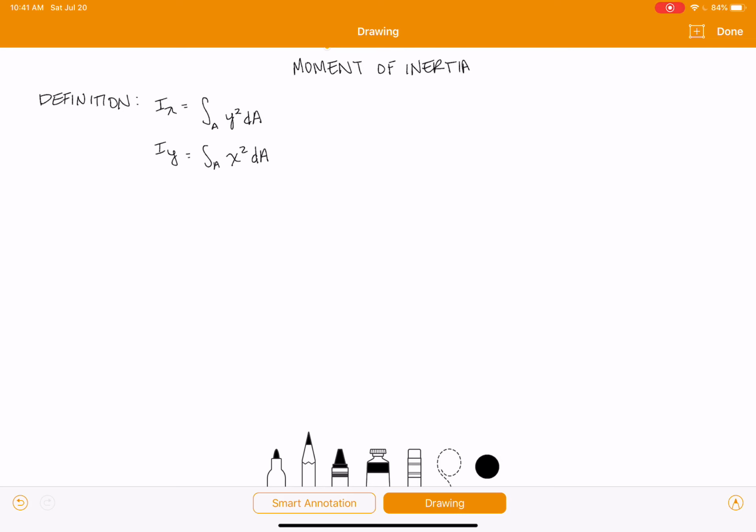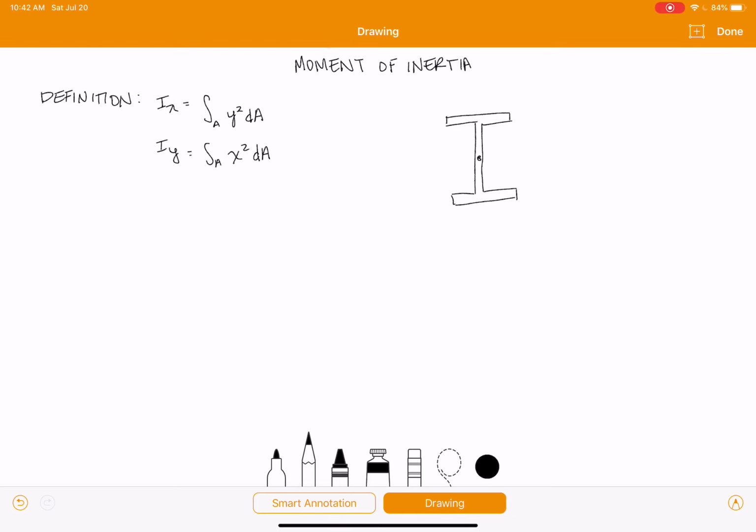Now, I like to think of the moment of inertia as a shape's tendency to want to bend. It's based off of how much area is far away from that section's own centroid.